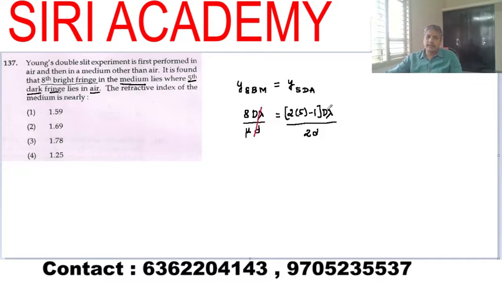Here d lambda by d gets cancelled. Mu is given by 16 by 9, that is equal to 1.78. The option corresponding to this will be the second option.